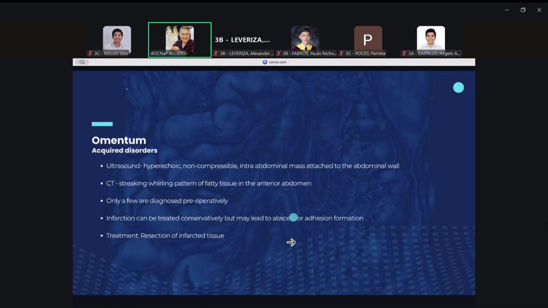Of course, every surgeon would want to have a roadmap. We want to make sure that we have a working impression going in, but in the persistence of signs of peritonitis with systemic signs like fever and leukocytosis, but with an absent definite diagnosis, we still need to open up the patient. No?